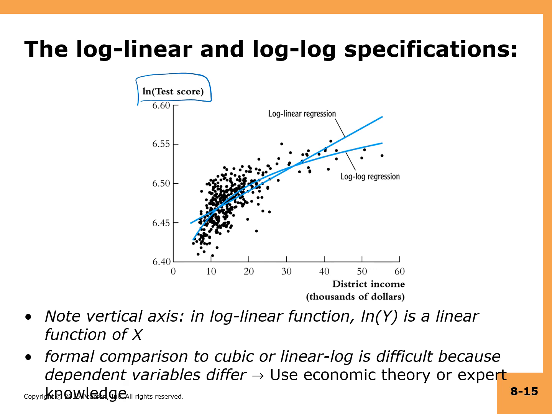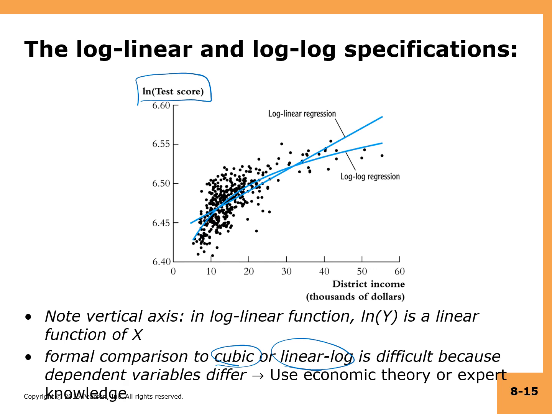The last thing is that if you want to compare the log model or log linear model to the previous models, such as the cubic model or linear log model, we cannot just look at the adjusted R-square, because these models have different dependent variables. The interpretation of adjusted R-square is how much of the variation in y is explained by changes in x.